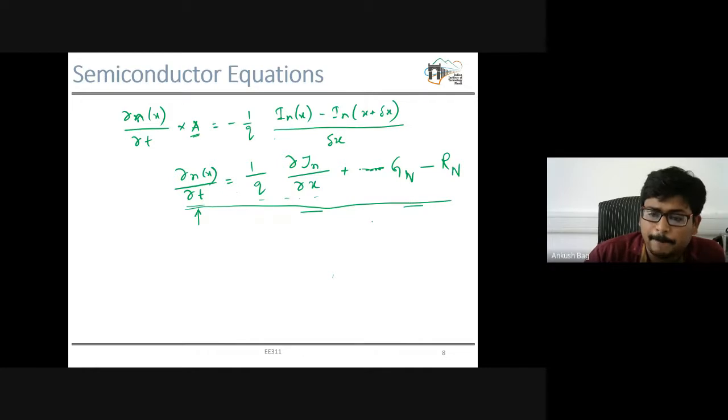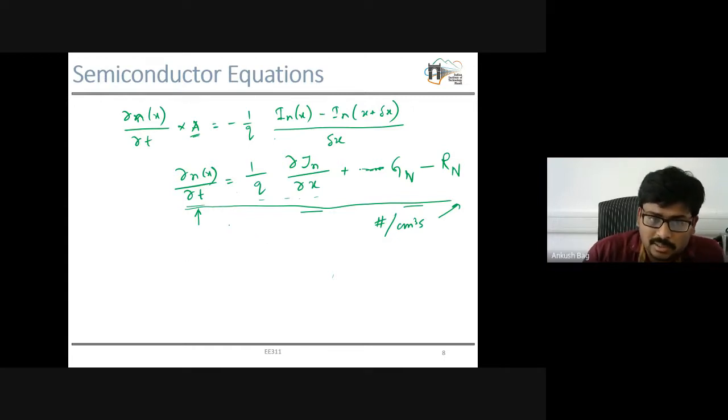So this is del nx del t, and nx has the unit number per centimeter cube. This is concentration per time. The generation rate is the number of electrons generated per centimeter cube per second, and recombination has the same unit. So both sides have the same units.